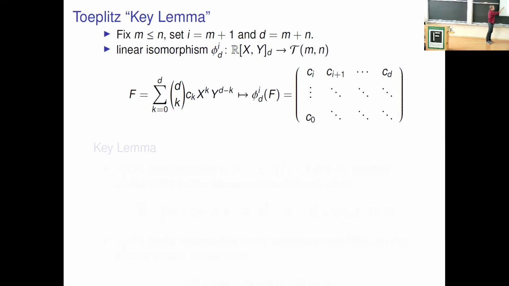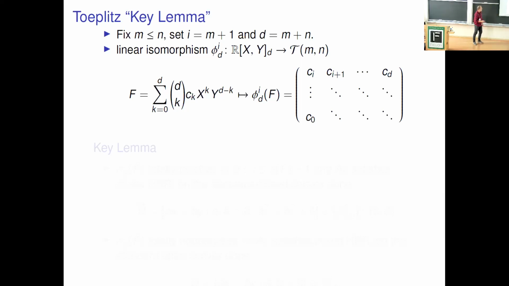You give me a Toeplitz matrix, I'll reconstruct the polynomial for you, and I'll just add the binomials and everything. In fact, it's actually linear as well. This is a subspace here, and this is a subspace, and the addition is component-wise in each situation, so it's a linear isomorphism of vector spaces.